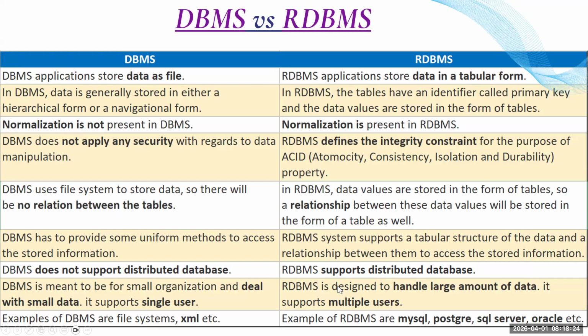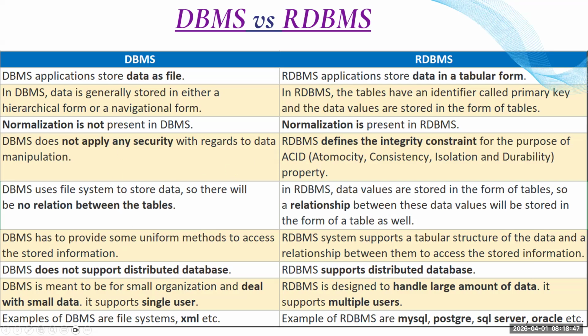Multiple users can access the data. The best examples for DBMS are XML and file system. But the best examples for RDBMS are MySQL, Postgres, SQL Server, Oracle, etc. These all fall under RDBMS technologies.